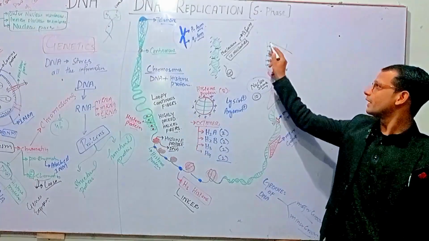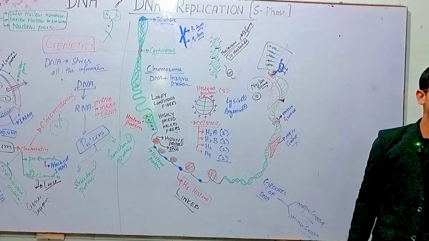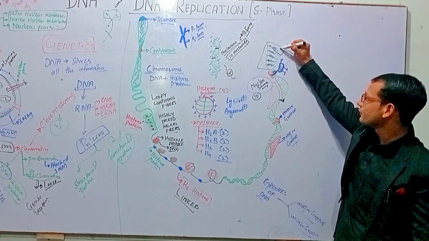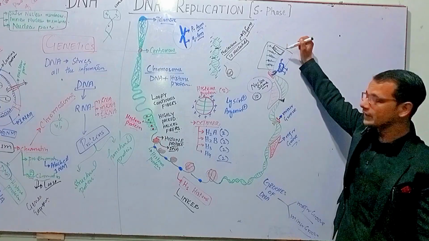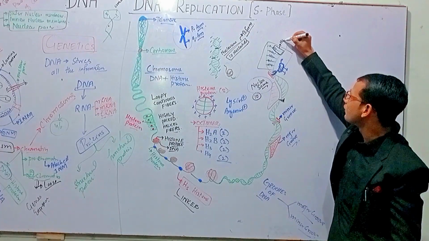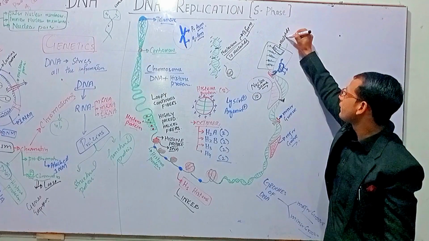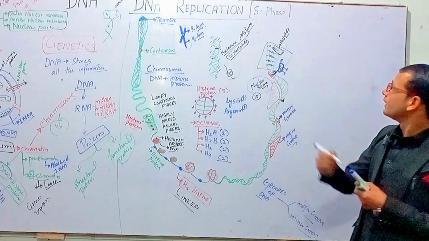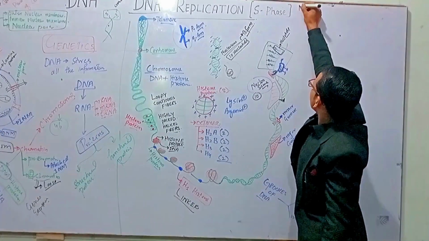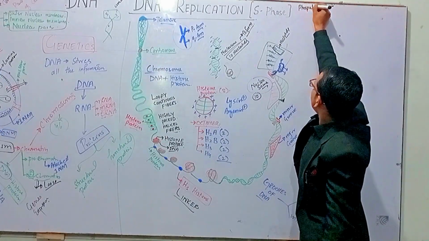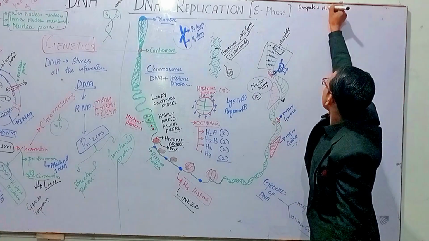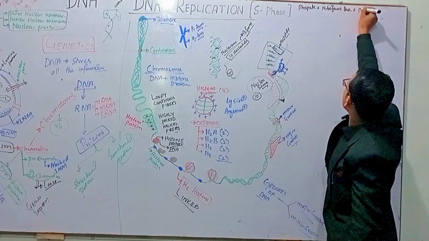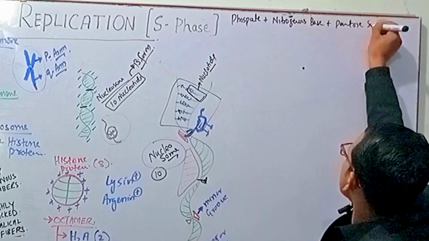We will zoom in now on this area and see what these things are, right? This is called a nucleotide. If we take the sequence, first we have phosphate plus nitrogenous base plus pentose sugar.